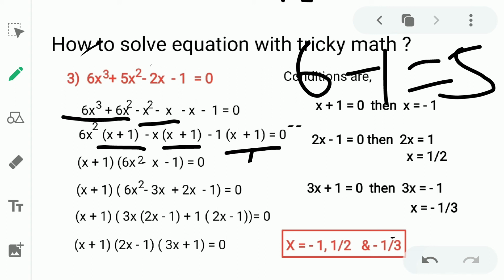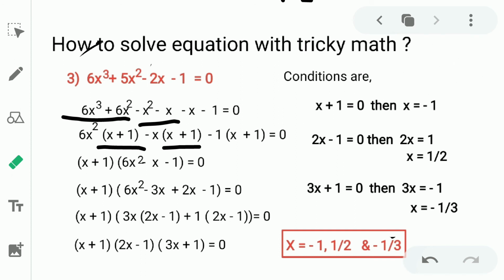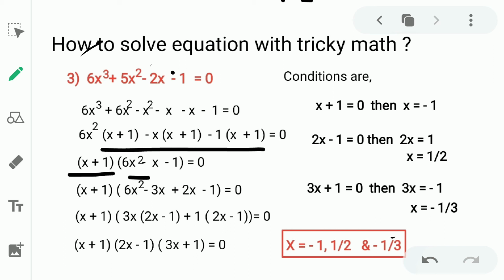So from here we get this one, and in total this multiplied by this. So x plus 1 times 6x squared minus x minus 1.